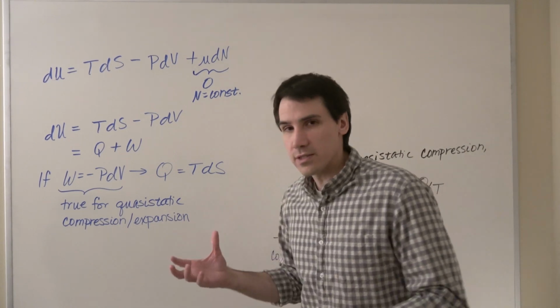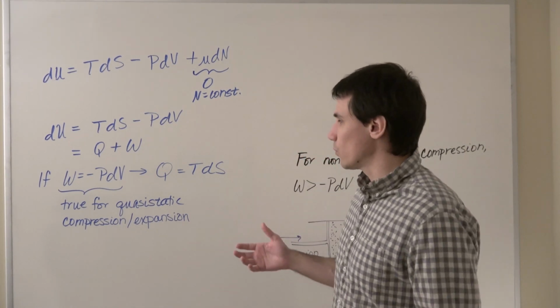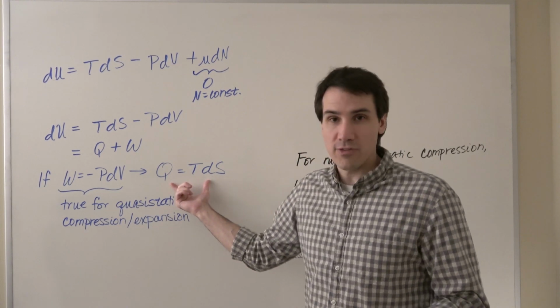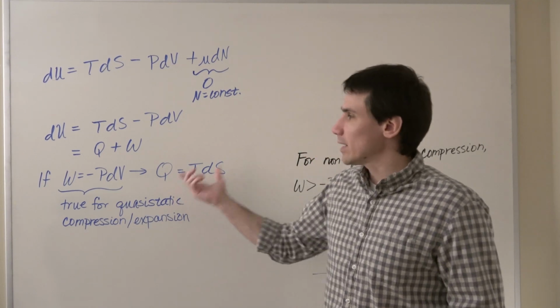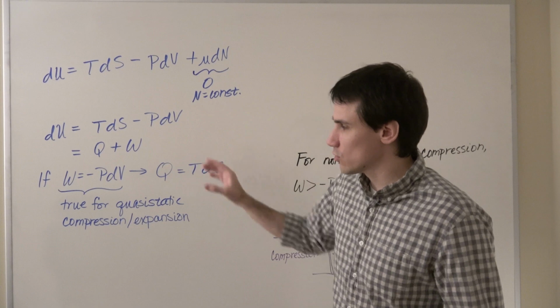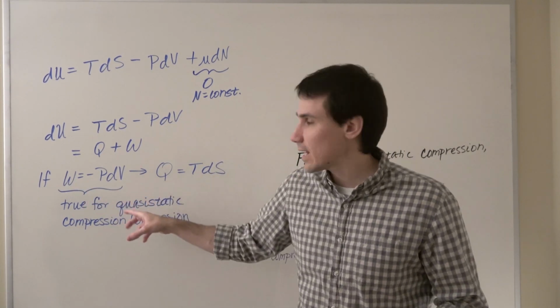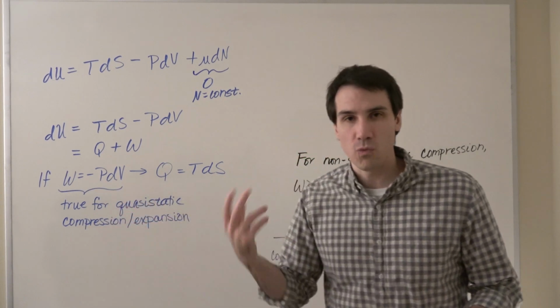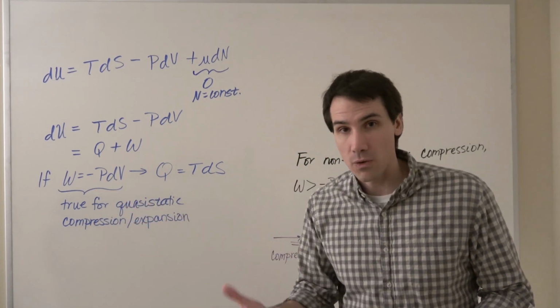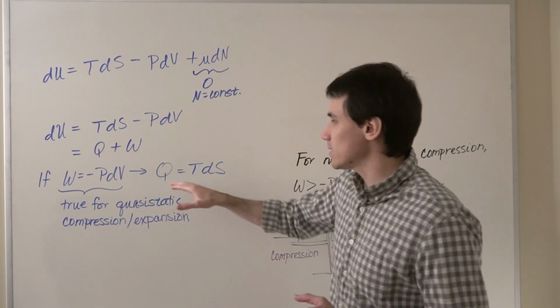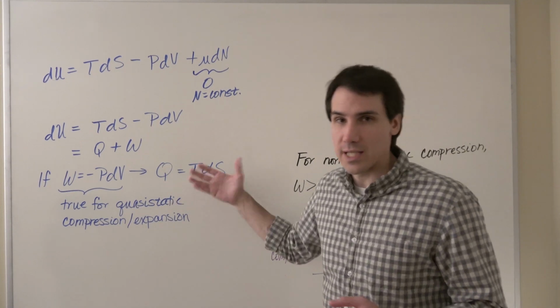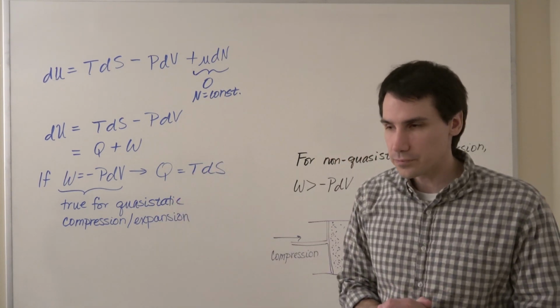So we saw this equation in a previous video where we said it was true if the volume didn't change, but in fact this tells us that it is true as long as our volume change is quasi-static and this relationship between work and negative PdV holds. So in that case, Q equals TdS or dS equals Q over T.